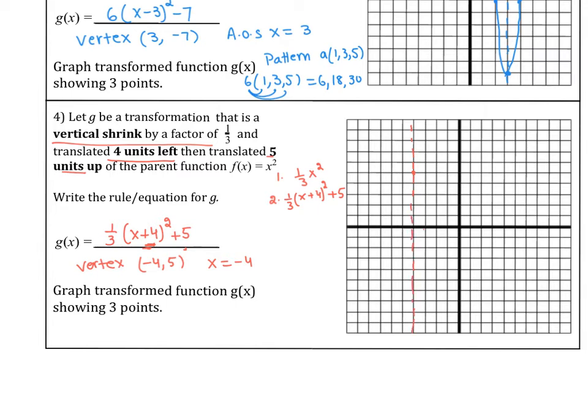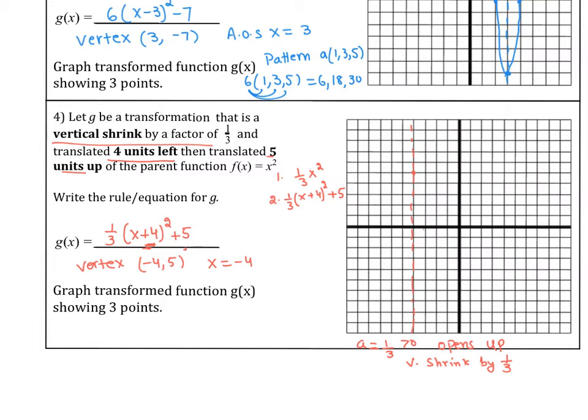And now we are going to find the other points to graph this function. So this is my line of symmetry. I can choose any point from the right side or from the left side, and then I can make the mirror image on the other side.